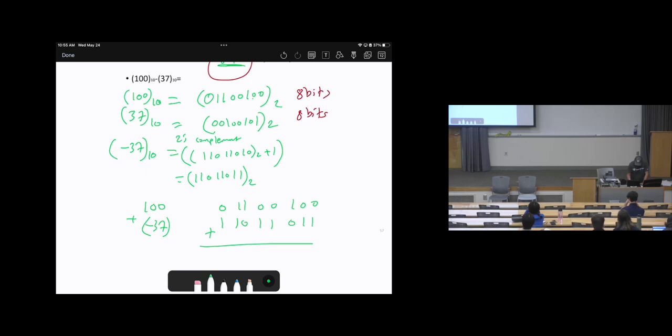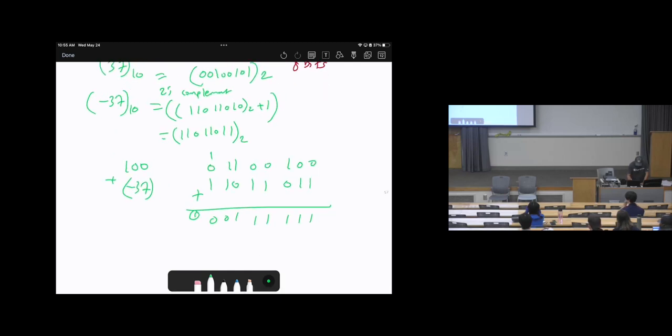Then do the addition. 0 plus 1, 1. 0 plus 1, 1. 0 plus 1, 1. 0 plus 1, 1. 0 plus 1, 1. 1 plus 1, 10, 0 carry out 1. 1 plus 1, 10, 0 carry out 1. Since we are in 2's complement, ignore the carry. So the answer will be 0, 0, 1, 1, 1, 1, 1, 1. This is in binary. And since the number must be positive, then that's it. You don't need to do the complements.